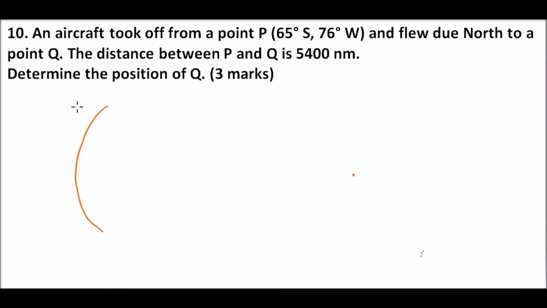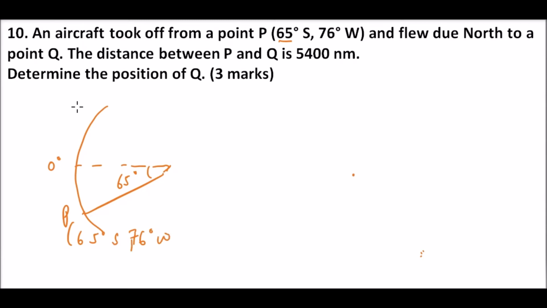So if we take that as point P, and we go up to the equator, the angle here is 65. So this is 0 degrees, this is 65. That is the position of P, 65 degrees south and 76 degrees west.